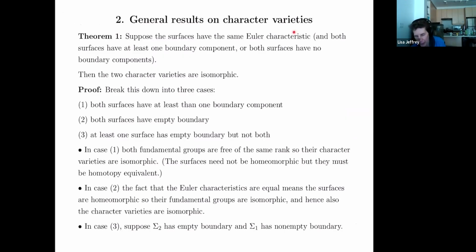So there are a few general results about character varieties. One is that if the surfaces sigma 1 and sigma 2 have the same Euler characteristic, and both surfaces have at least one boundary component, or both surfaces have no boundary components, both are closed, in that case, the two character varieties are isomorphic.